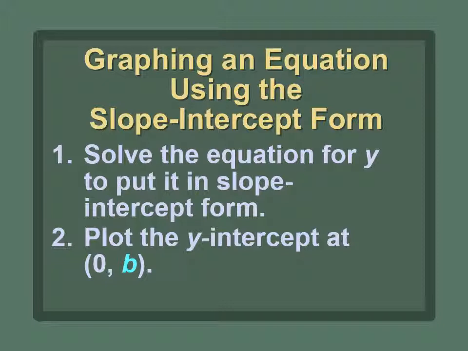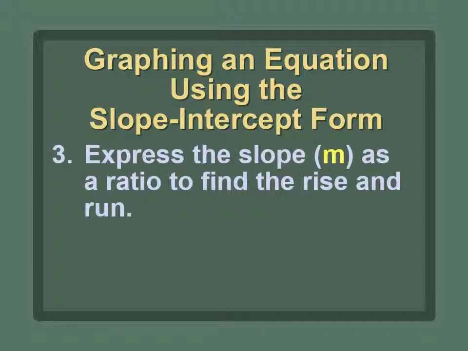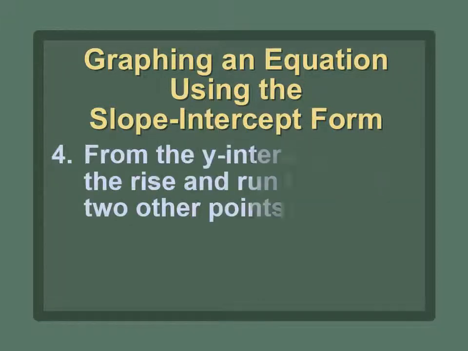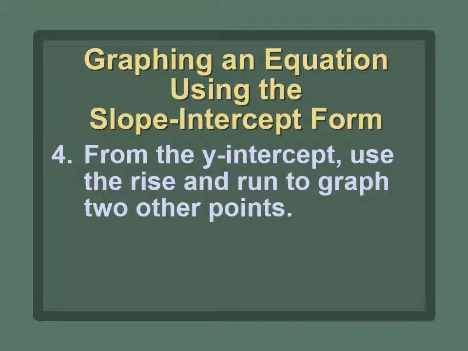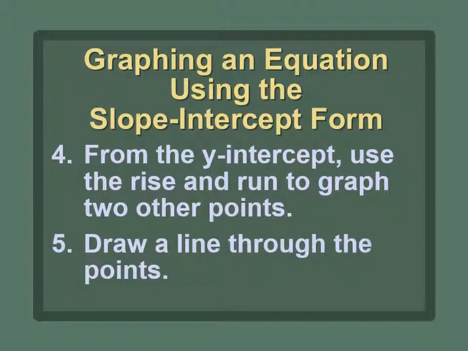Once you have plotted that point, we express the slope m as a ratio, as a fraction, to find the rise and the run. Once we have the rise and the run, from the y-intercept we rise and run to get a point. Then we rise and run the other way to get another point. And then we'll have 3 points. Once we have those 3 points, we draw a line through those points to get our graph.